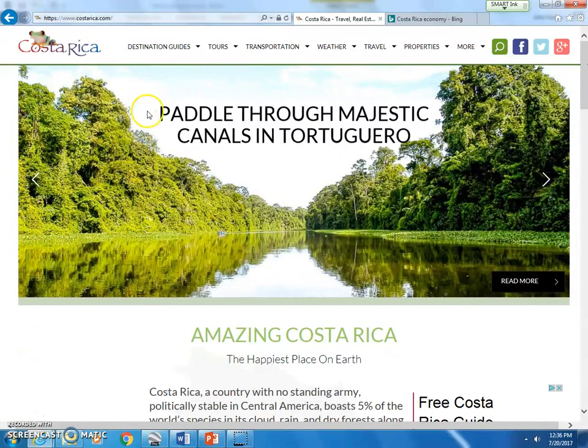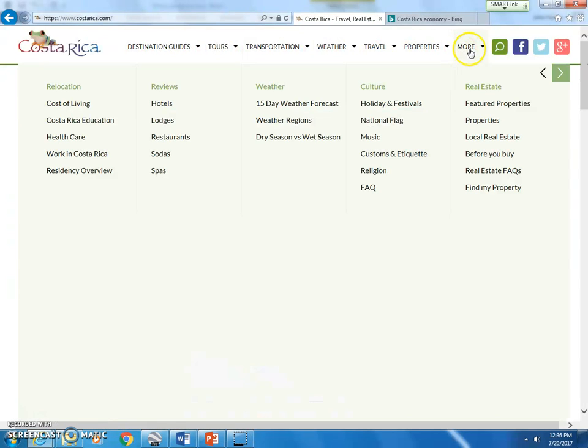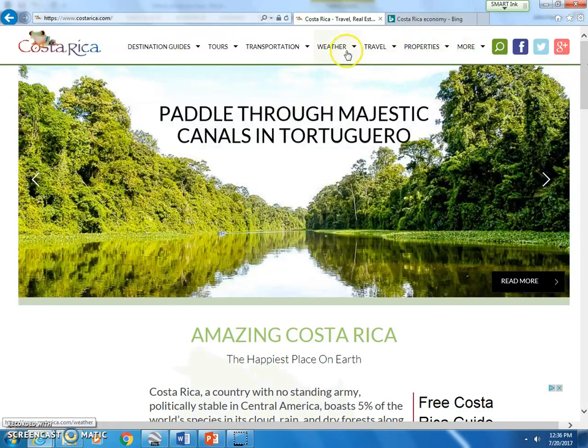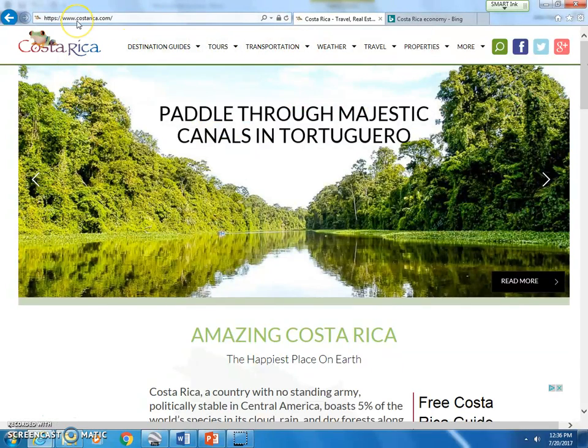I chose Costa Rica, and when I searched for Costa Rica, this was the main website that came up, and it gives you quite a bit of information, especially when you go over here to where it says more. It has cost of living, the weather, the culture, so it tells you what's going on, and this is a good website. Like I said, it's just from Costa Rica, CostaRica.com. Most countries have these type of websites.